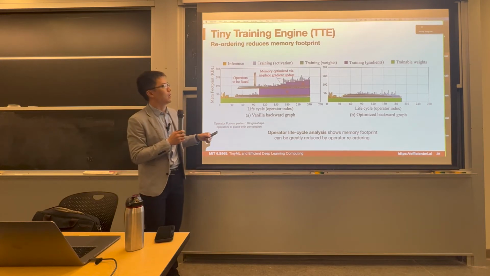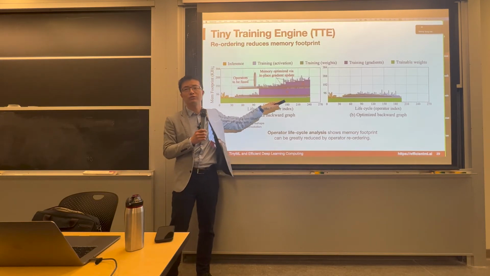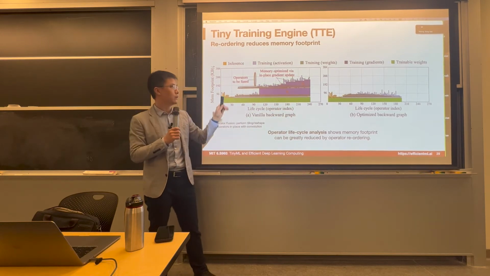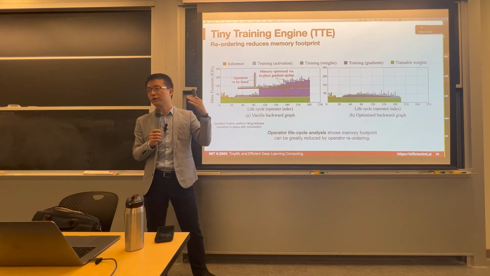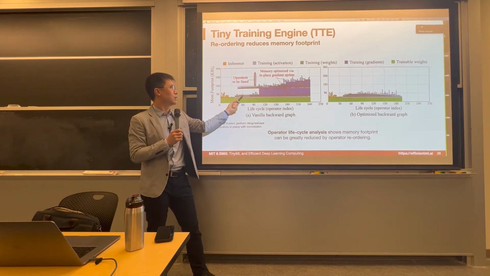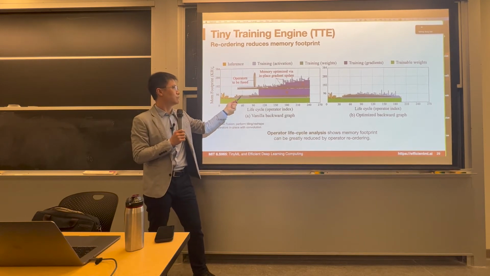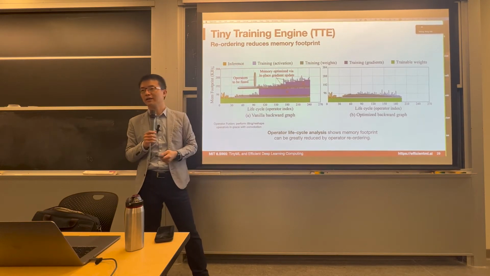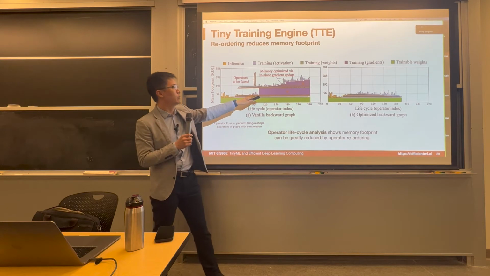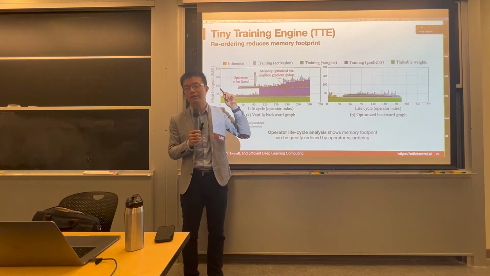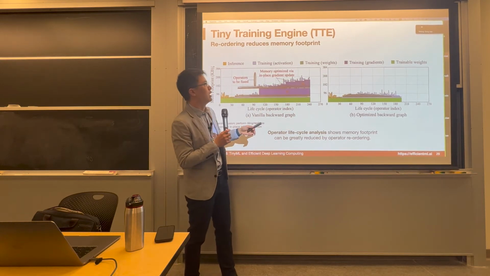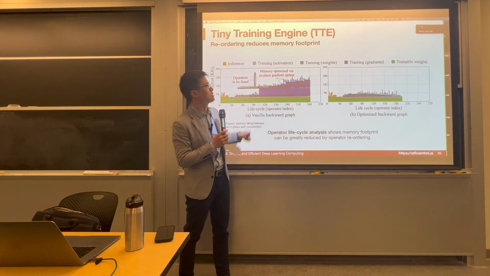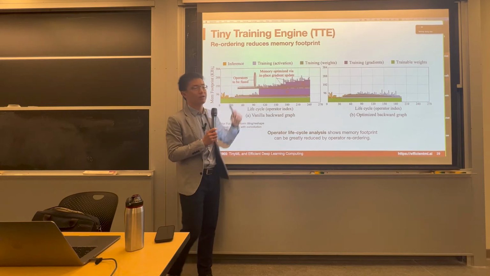So the weights have to reside in memory the entire time, right? These yellow parts are for inference. Inference started at cycle 0 and finished around cycle 60 or 80, right? So a majority of the memory is consumed at training time by the activations and the gradients.